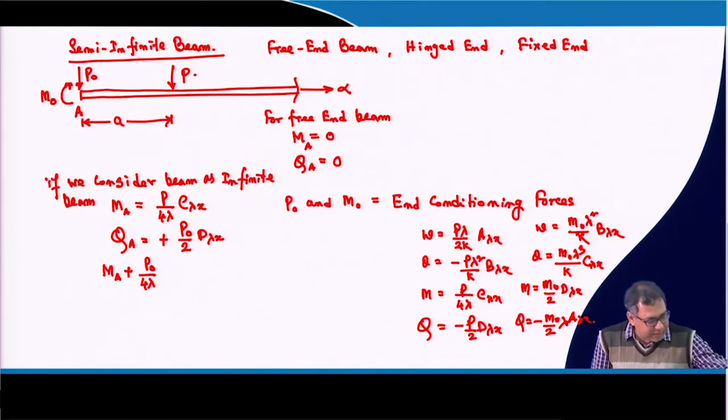So these are the 4 cases, because I have derived these. So you should remember these equations. These are very important. For all the semi-infinite and infinite cases, these equations will be used.